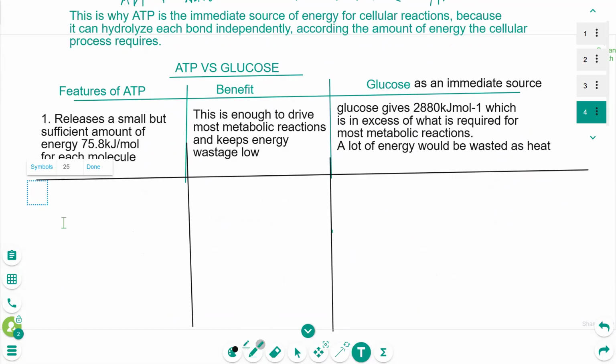The other thing is that ATP exists as a stable molecule.